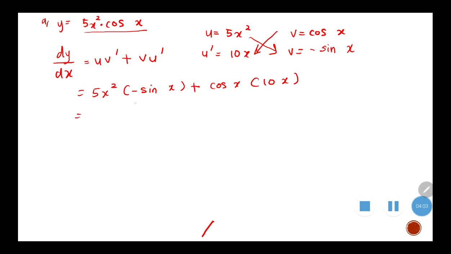Okay, and then you will get negative 5x square sine x plus 10x cos x. And that is your final answer. Easy peasy, right? Especially so when you remember all the formula.